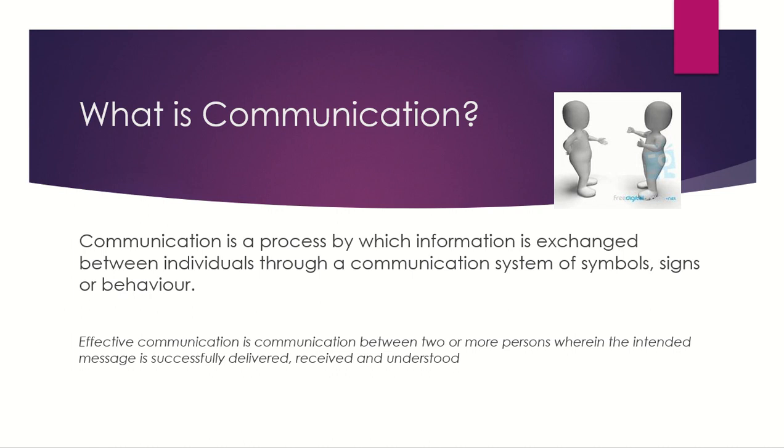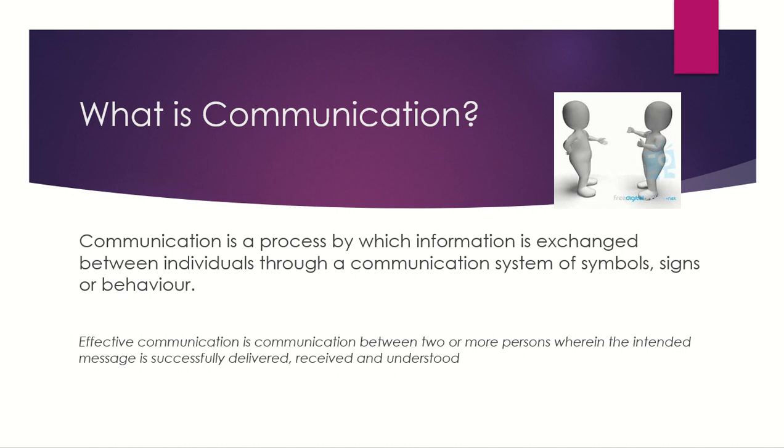They've communicated something to you. They didn't really need to call you by name to tell you to stop what you're doing. They didn't really need to tell you to leave that place. But with that side glance, they were able to communicate to you, and then you took the next action. So communication means that information is exchanged between individuals, and it can be through symbols, signs, words, or attitudes and behavior.